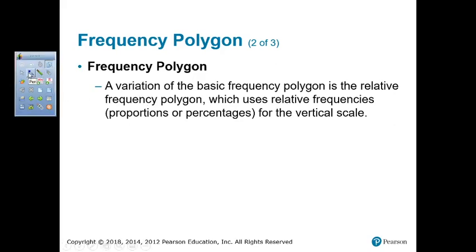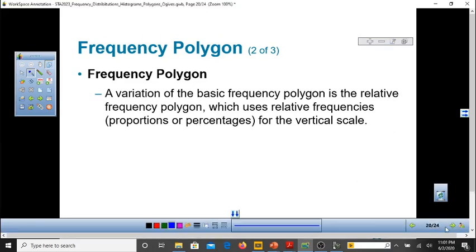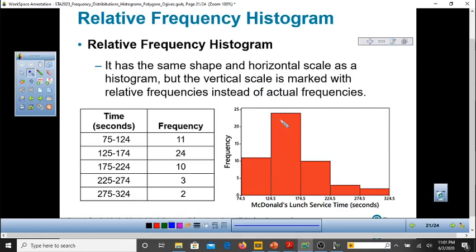So if you recall here, we had a histogram. This is the relative frequency histogram, actually. Oh, sorry. No, this is the actual frequency histogram, not relative. So let's mark that one off here. This is not because this is 24, 11, 11, 24, 10.